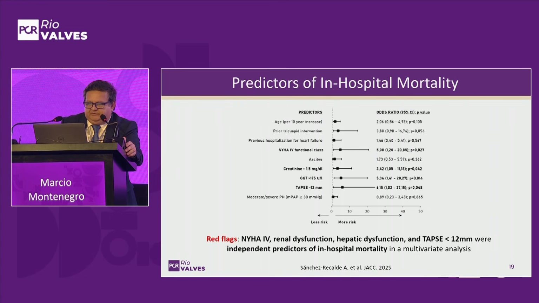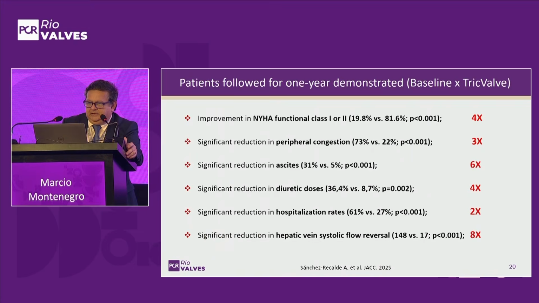Then we have some red flags in this kind of patient. New York Heart Association functional class 4, renal dysfunction, hepatic dysfunction, and TAPSE below 12 were independent predictors of in-hospital mortality in a multivariate analysis.